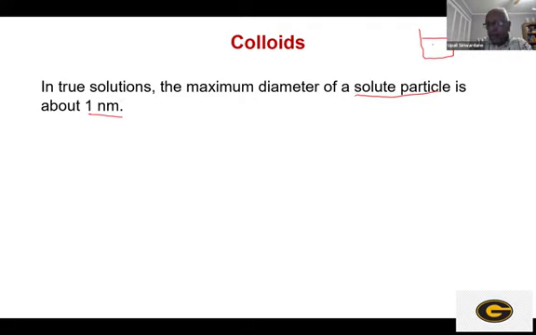Therefore, when you put them in a solution, when they are soluble, they break up in water and get dissolved in the solvent. The solution is transparent, light passes through. It's clear, you can see through the solution.